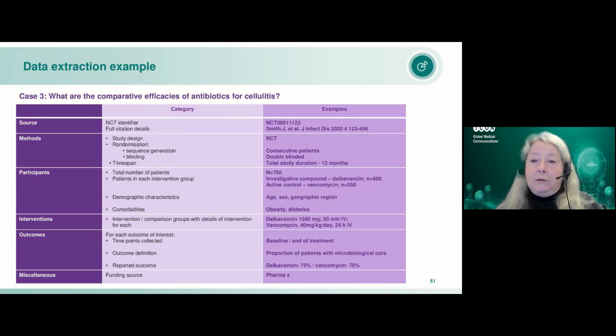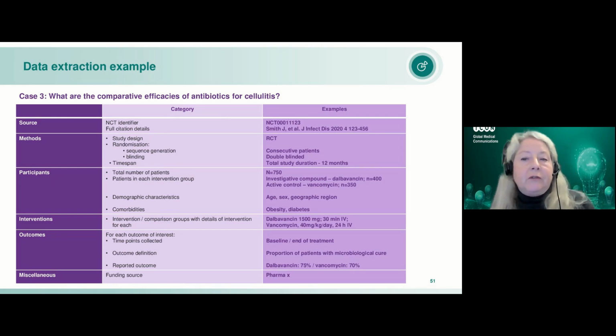For the methods, you'll want to report what kind of study it is. In our case, we're only interested in RCTs, but you may have an SLR that requires you to use other sources of information. You want to know, if it's an RCT, how the patients were randomized and how long the study was. Was it a 1-month study or was it a 12-month study?